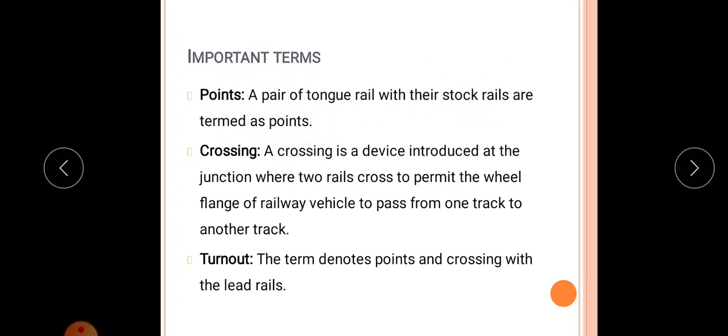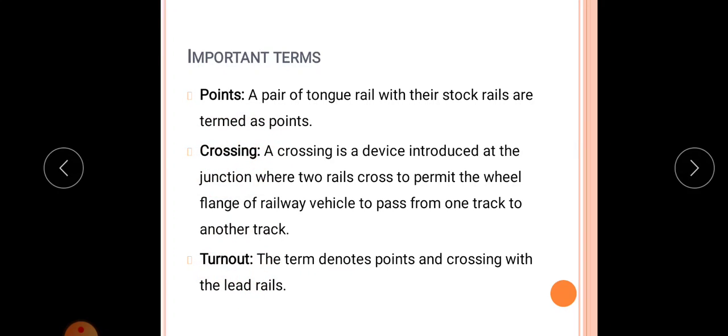Then a crossing is a device introduced at the junction where two rails cross to permit the wheel flange of the railway vehicle to pass from one track to another. By providing a gap, the crossing allows the train to move onto the diverted track, and that device is known as a crossing.